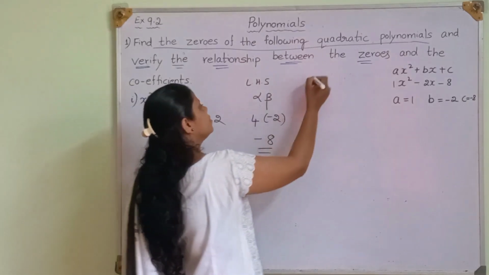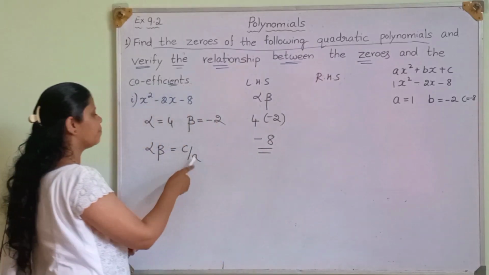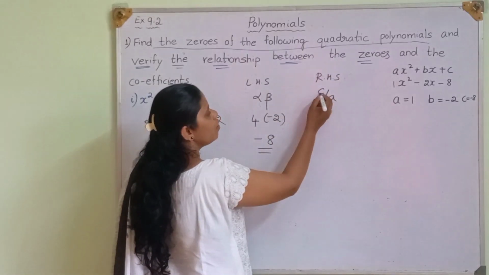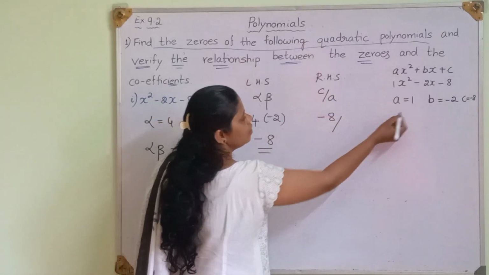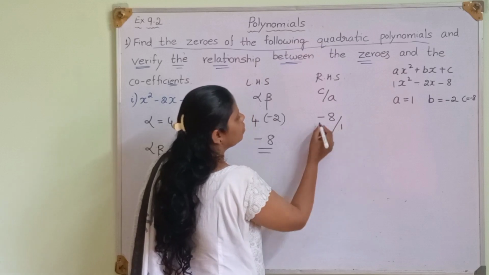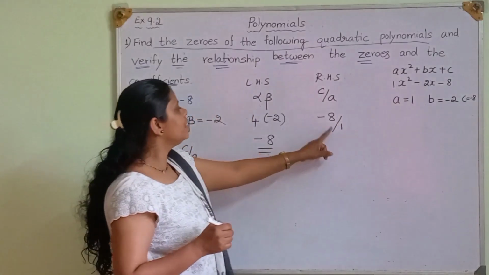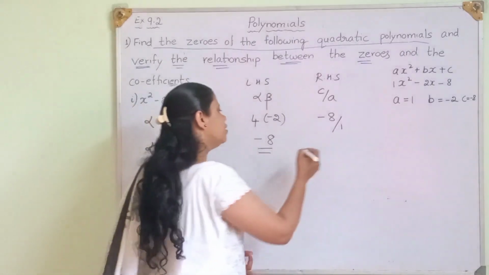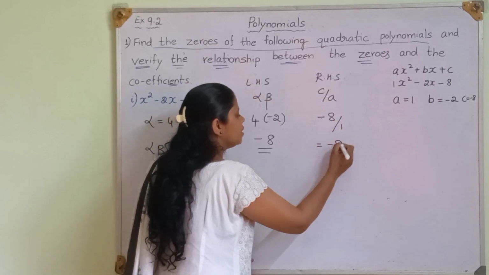Then RHS is what? c by a. The value of c is minus 8 divided by a, that is 1. See, minus 8 by 1. Anything divided by 1, we will get the same answer, right? Therefore, this minus 8 by 1, I will write it as minus 8.